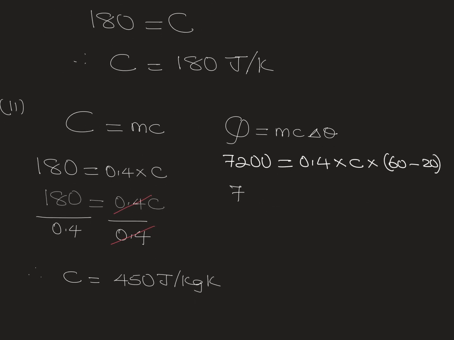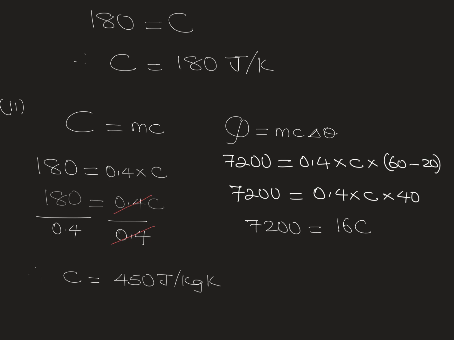So that is 7,200 is equal to 0.4 times the specific heat capacity times 40. So that will be 7,200 is equal to 0.4 times 40, which is 16. So that will be 16c.